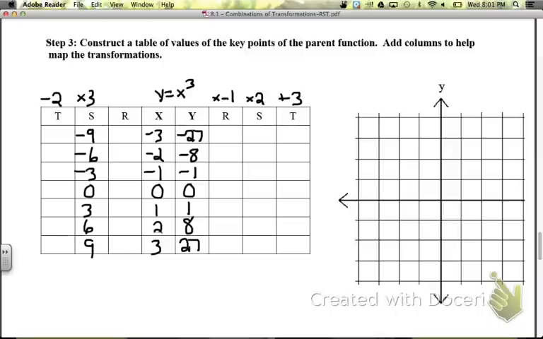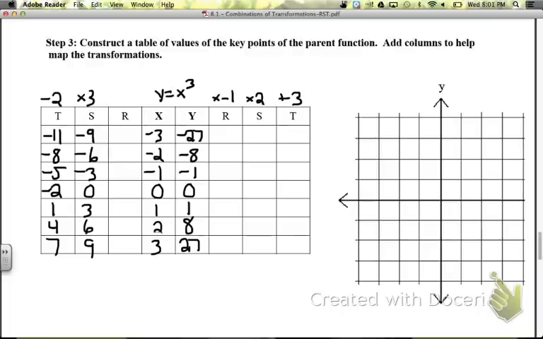Now we're going to take each of those values and subtract 2. So -9 minus 2 is -11. -6 minus 2 is -8. Then we have -5, -2, 1, 4, 7.